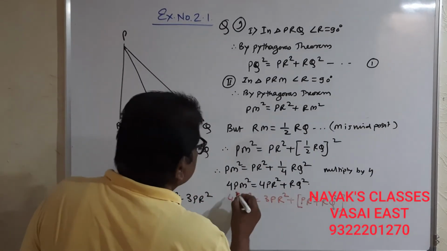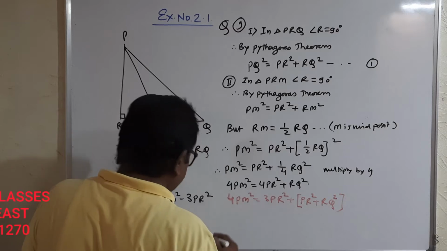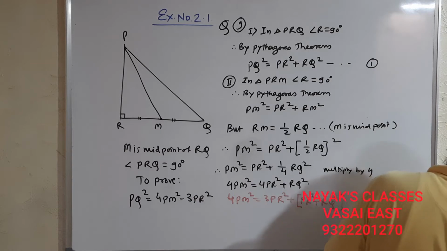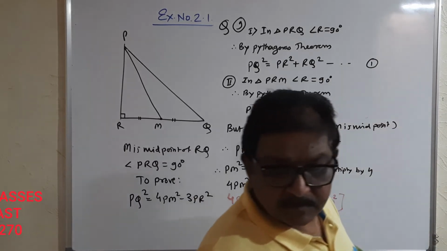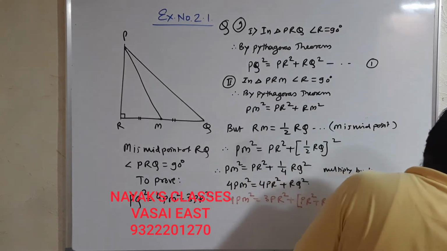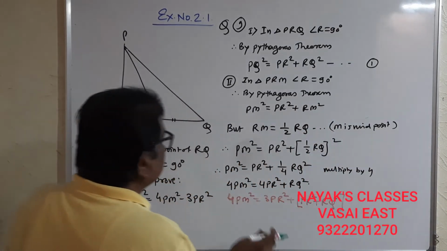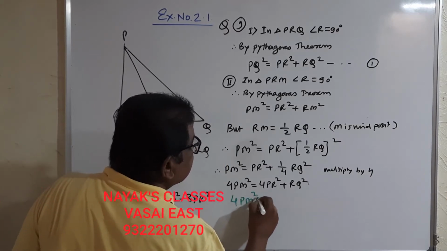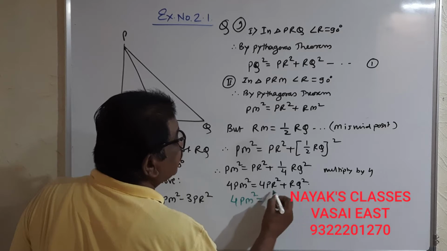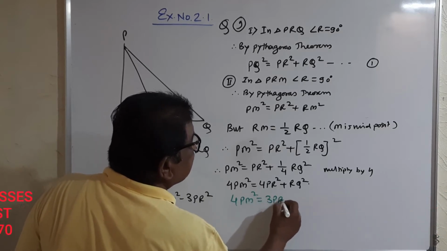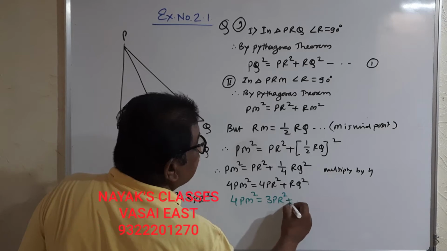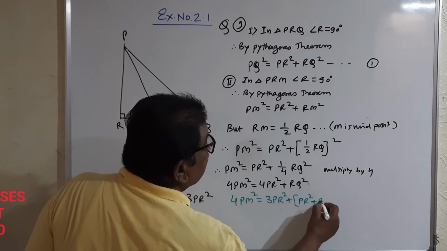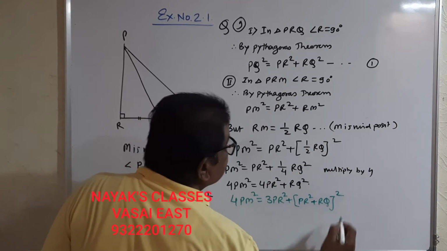What we have done is, 4 PM square is equal to, we have split this 4 PR square, 3 PR square plus, in bracket, the remaining PR square plus RQ the whole square.